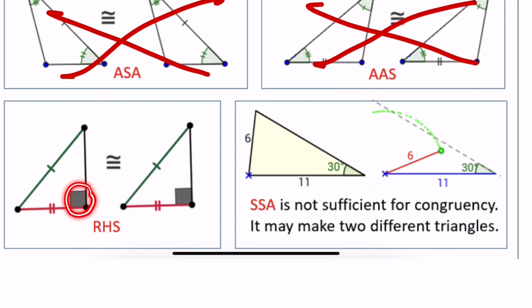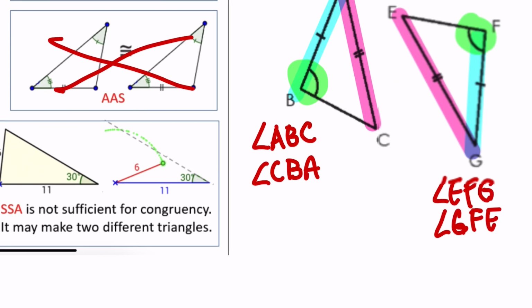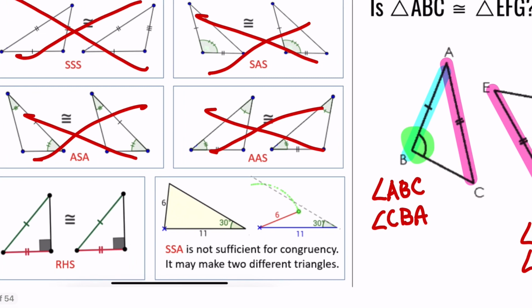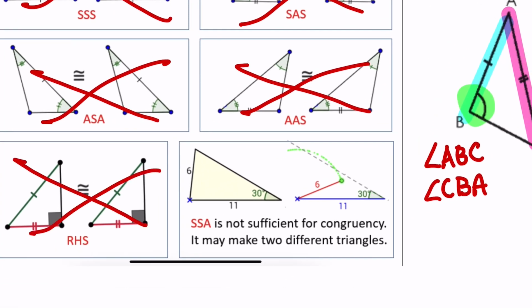So, right angle, hypotenuse, and one of the sides. So let's look at this one. Oops, we can't use this because these are not right angles. How do you know it's not right angles? Because you do not see the symbol for right angle. So since there are no right angles, we cannot use this.